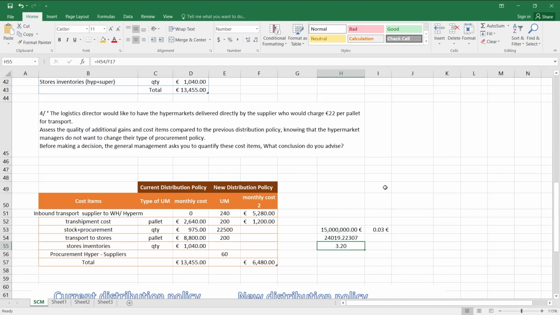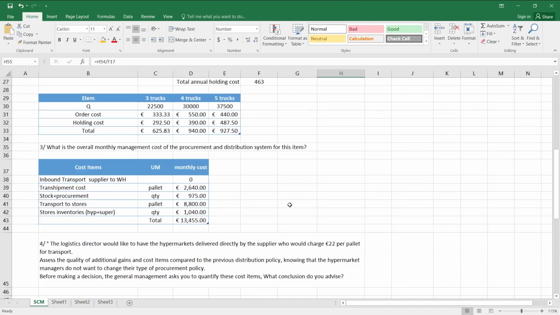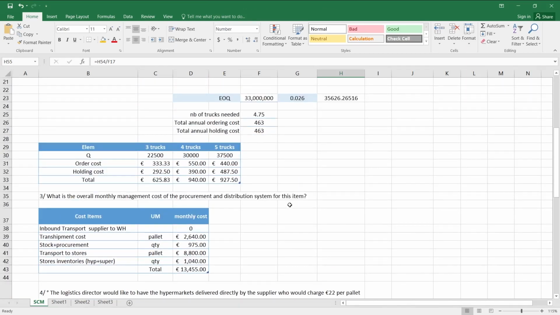Now that we have identified the number of trucks that we will need for this new adjusted economic order quantity, which is 22,500 items, let's go back to see what are the order costs and holding costs for this 3 trucks option.